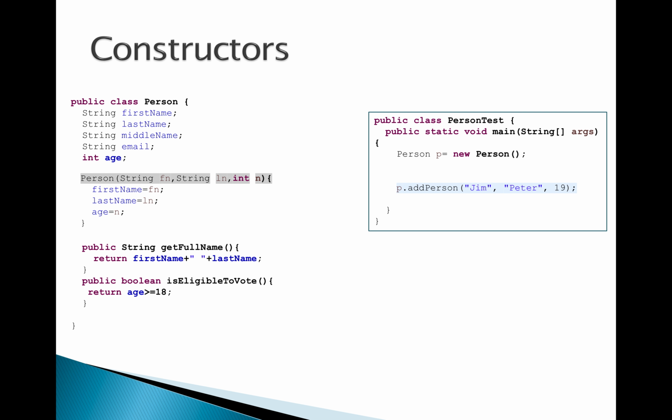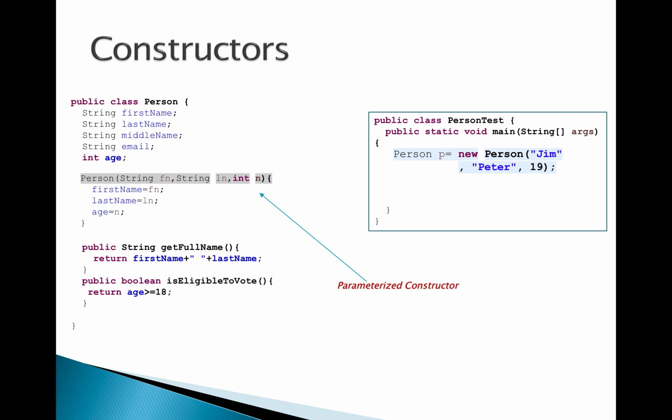So how do you change the calling? I cannot now call with p.addPerson. Instead I'm going to replace it with new Person(). If you see new Person() and then there are braces there, that is nothing but calling the Person constructor. But this Person constructor has some arguments to it. So the parentheses should be filled with the actual values.